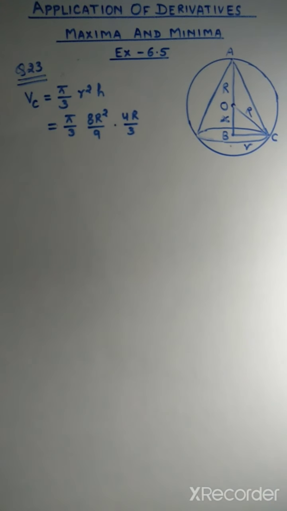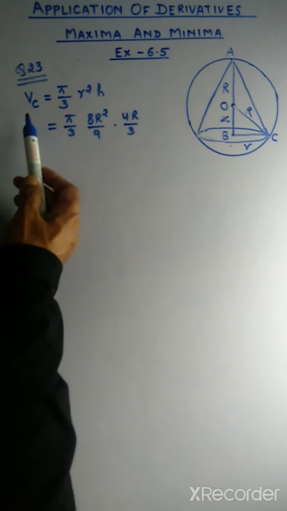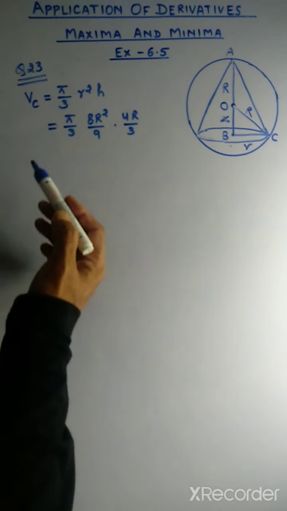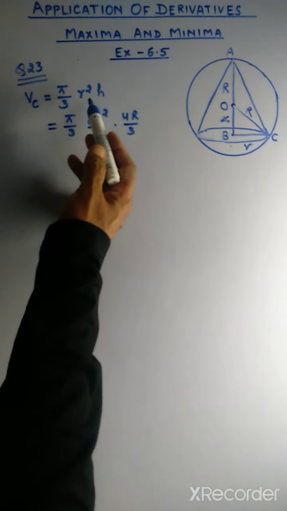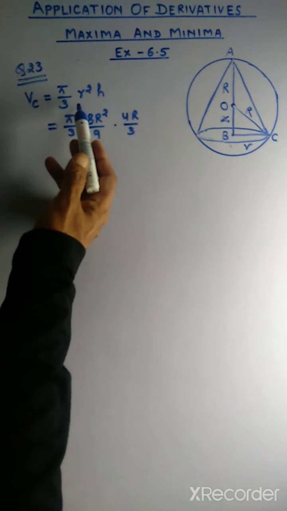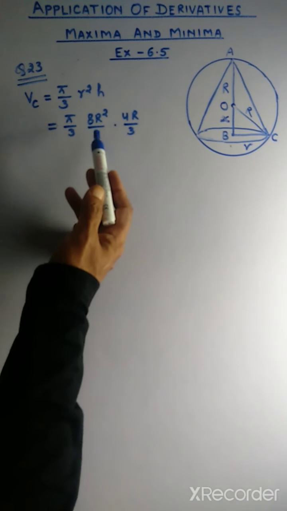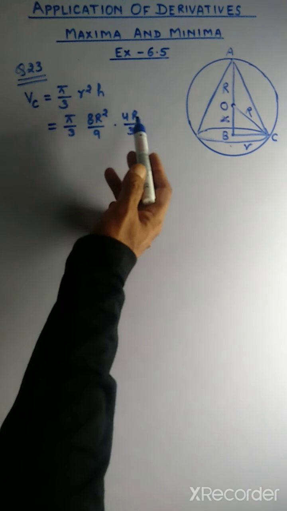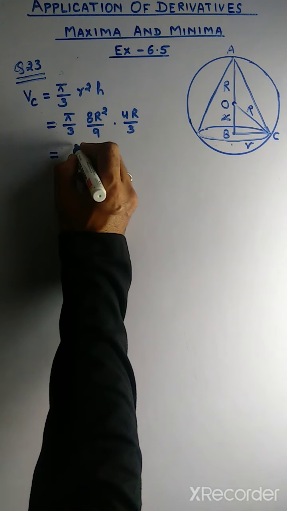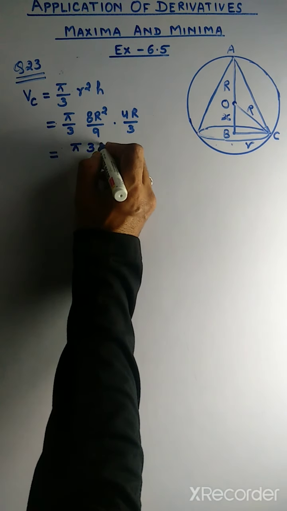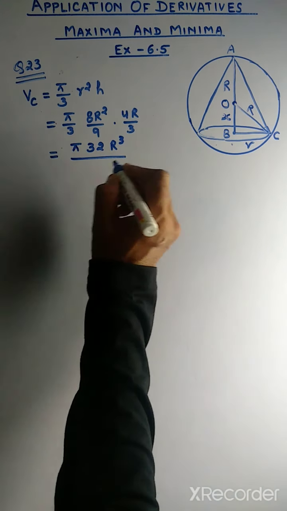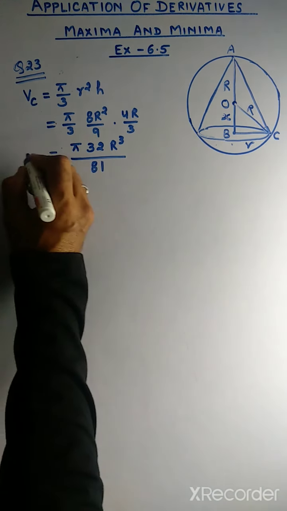We have to prove that the volume of the cone upon the volume of the sphere equals 8 upon 27. So the volume of the cone is pi by 3 r square h, pi by 3 as it is, in place of r square 8R square by 9, in place of h 4R upon 3. So after solving it, it will be pi into 32 into R cube upon 81.